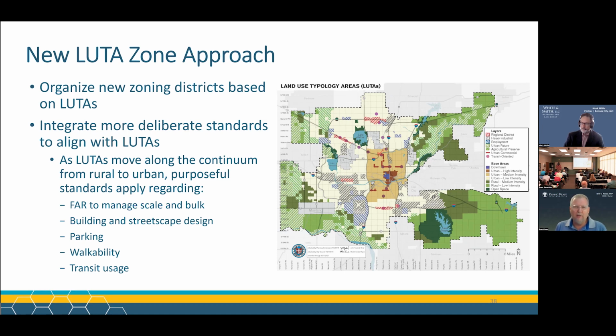But this map would generally look like a bunch of different colors, and it would say single family residential, multifamily residential, high density residential, and then the same thing for commercial office and commercial retail. So it took a much different approach, and it was predicated on the use itself. What cities have come to learn over time is that these land uses can vary greatly from place to place, where the use is identical, but its context and its character are wholly different.